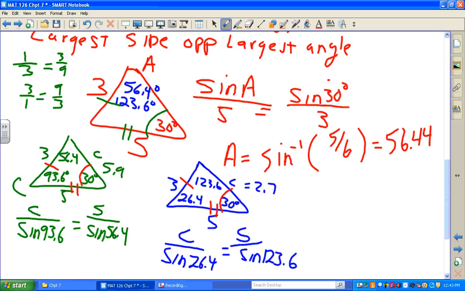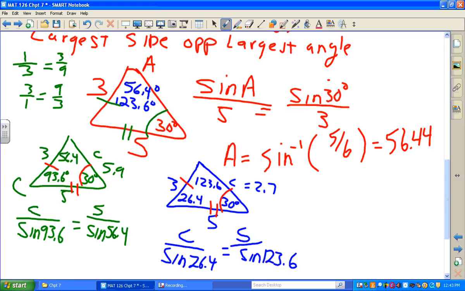So when you're given a side, side, angle, there's a possibility with the law of sines, and this is the trouble spot, that you could have no answers, one answer, or two answers, depending on how the mathematics works out. Is this true every time you're given two sides and an angle?